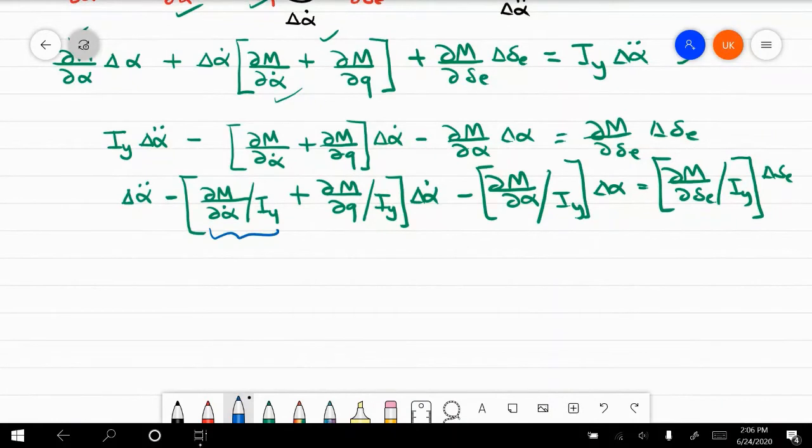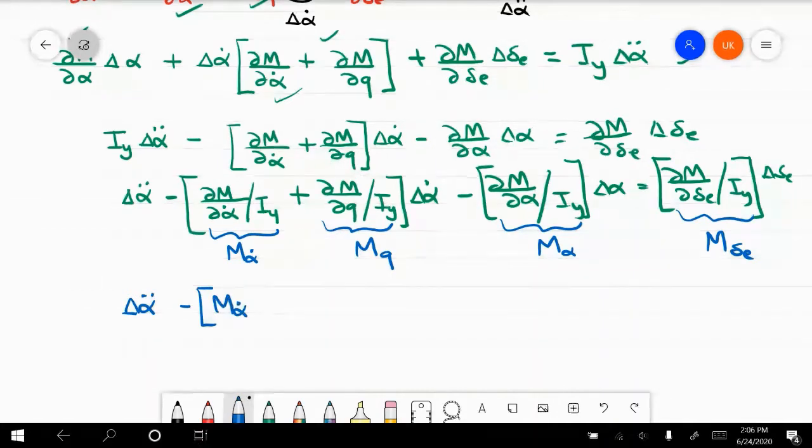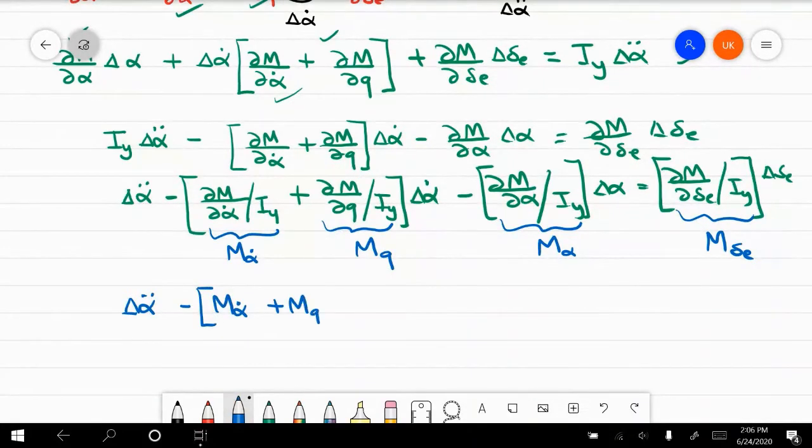And now I'm going to again define new variables. So this one will be written as M alpha dot, this one will be written as Mq, this is written as M alpha, and this is written as M delta e. So we have delta alpha double dot minus (M alpha dot plus Mq) delta alpha dot minus M alpha delta alpha equals M delta e times delta e.